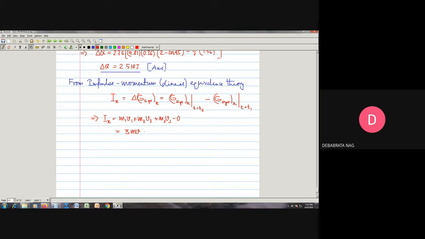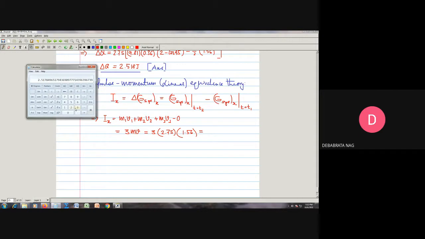So 3 into 2.75, the mass of each sphere, into the velocity of all, 1.56.